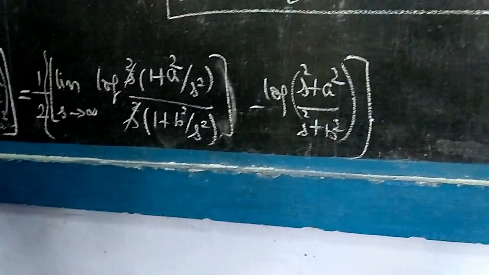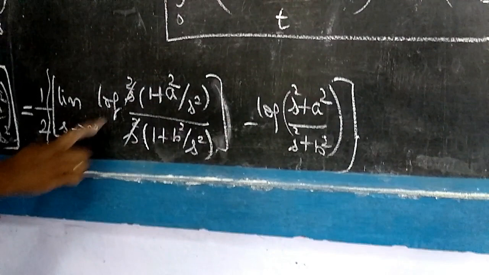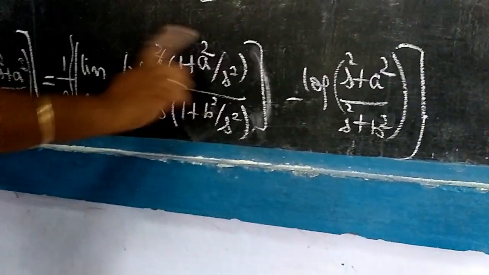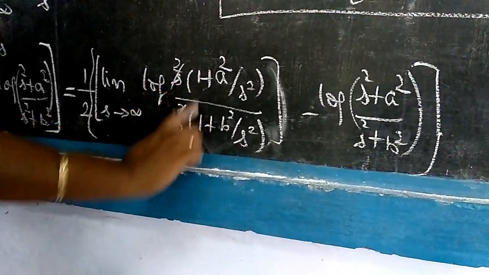Cancelling s square and s square, and when s approaches infinity, s square also approaches infinity. So a square by infinity is 0. So the numerator becomes log of 1 by 1.